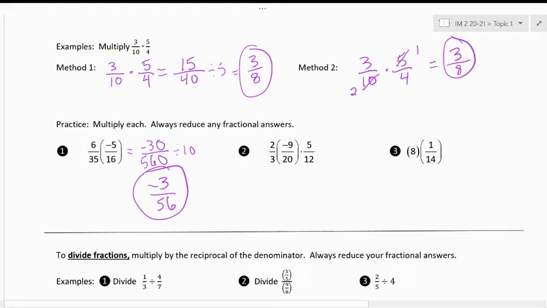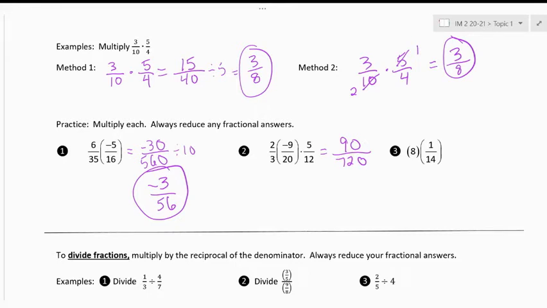Now number 2, not a big deal. We just have to multiply all the way across. So 2 times 9 times 5 is 90. And 3 times 20 times 12 is 720. Again, they both end in 0, so 10 can go into them.